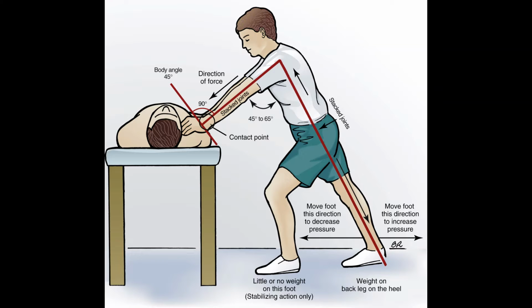It cannot go further downward because the bone is there and then the table is there. So the tissue spreads outward. So strain is the response of that object. So the hamstrings are under strain because of the stress of my compressive load as I'm pushing downward onto the hamstrings.